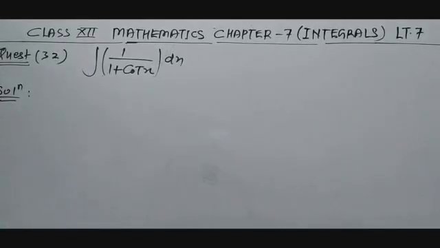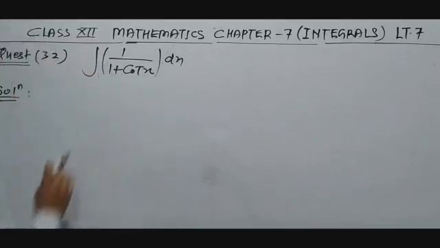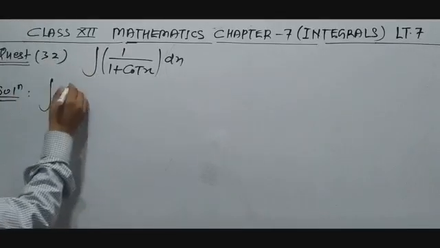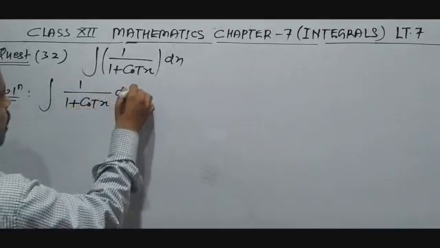Question number 32 is the integration of 1 upon 1 plus cot x. So the given integral is 1 upon 1 plus cot x dx.